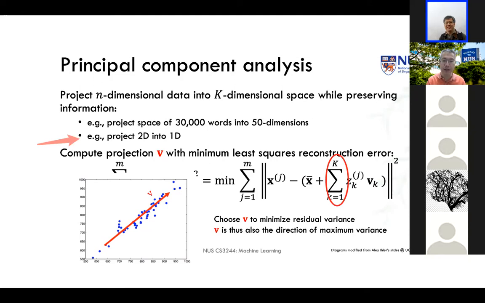And in order to do that, every time we choose a new component of V, a new dimension within the V of the K components, we want to choose whichever dimension is maximally displaying variance from the remaining data set. So you can think of this as an iterative, greedy algorithm that we might want to use in order to compute the minimum least squares reconstruction error.